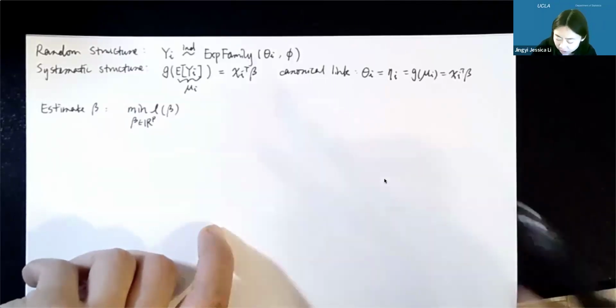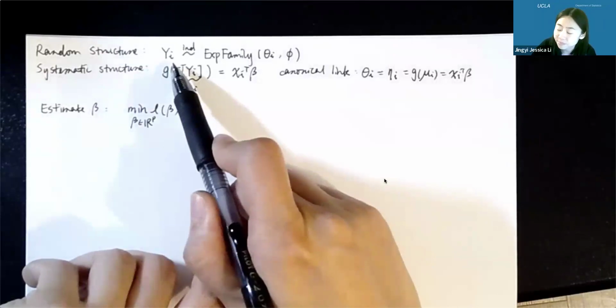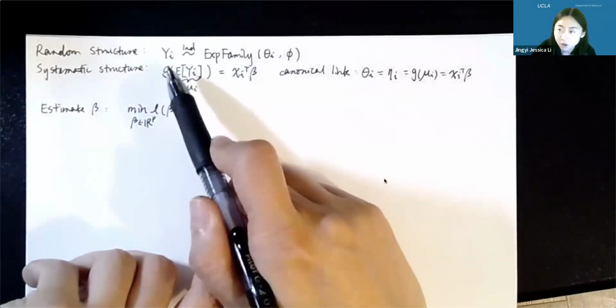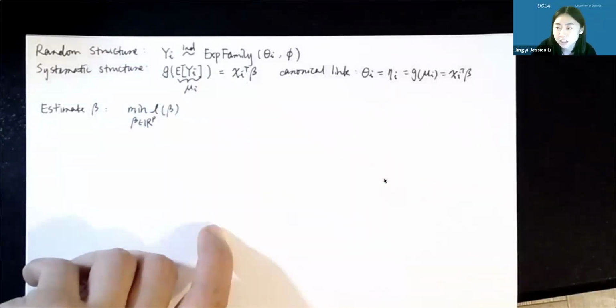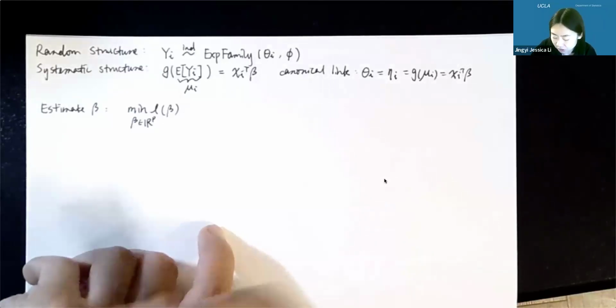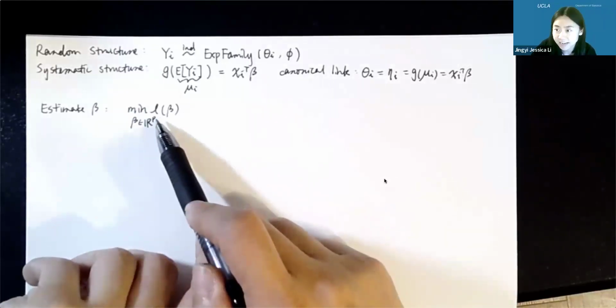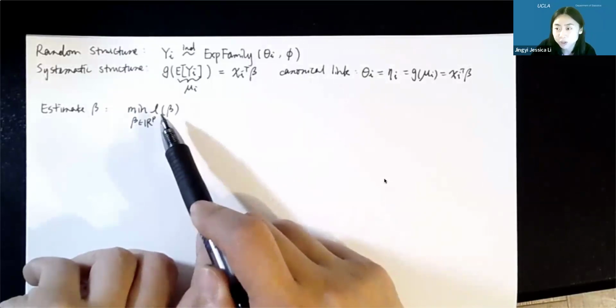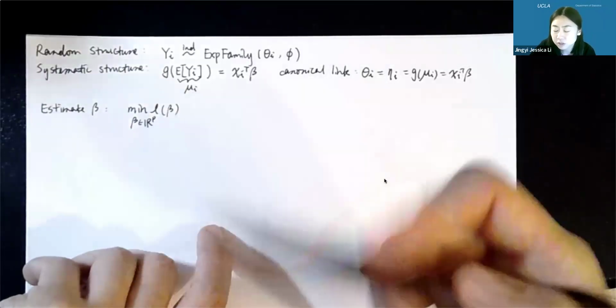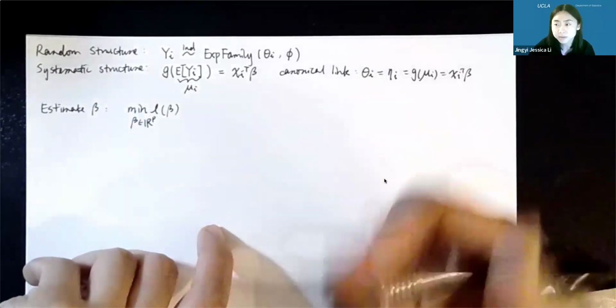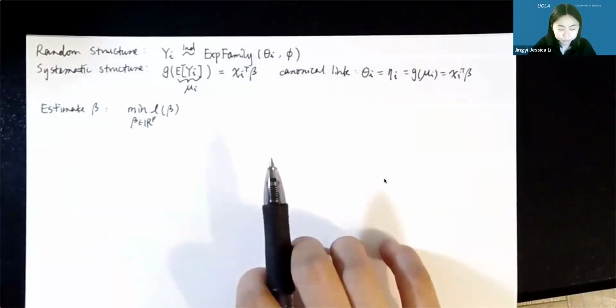The expectation is taken over Y1 to Yn, the n random responses, because the Hessian matrix is the second derivative of the log likelihood and it involves Y1 to Yn. Taking the expectation is a way to simplify our calculation.